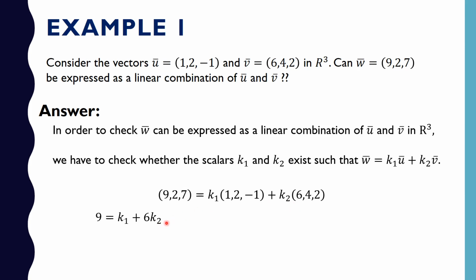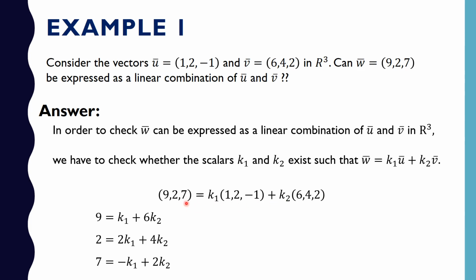That becomes the first equation in the linear system. Similarly, if we equate the j component on both sides, we get 2 equal to 2 times k1 plus 4 times k2. That becomes the second equation in the linear system. Similarly, equating the k component on both sides, we get 7 equal to minus 1 times k1 plus 2 times k2.